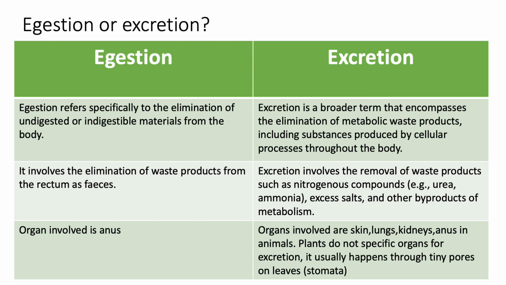It involves the removal of waste products such as nitrogenous compounds like urea, ammonia, uric acid, some excess salts, or other byproducts of metabolism. The organs involved are skin, lungs, kidneys, and anus in animals, but plants do not have specific organs for excretion, so it usually happens through the tiny pores on leaves, which are called stomata.